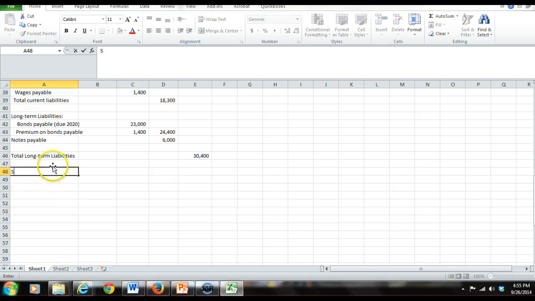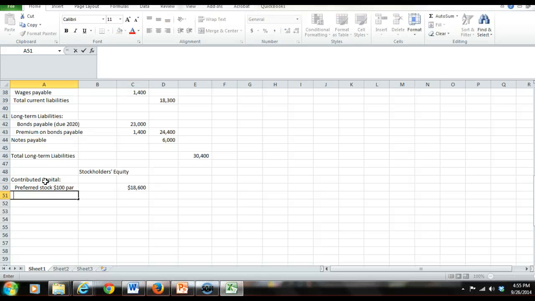This probably for most of you will be the most difficult section of the balance sheet. We're going to start with our contributed capital, similar as we did in exercise 3, where we'll start with our preferred stock at the $100 par for $18,600.